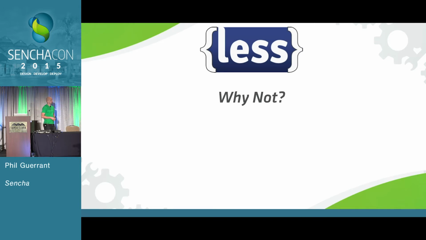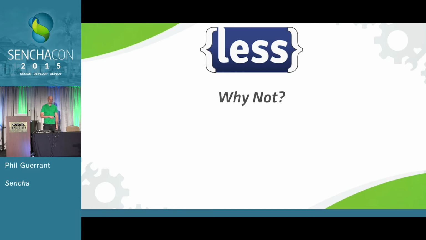Now, some of you are probably thinking, I know of another JavaScript-based CSS precompiler, and it's called Less. Why didn't you guys just use that? So I'm going to tell you why we didn't.